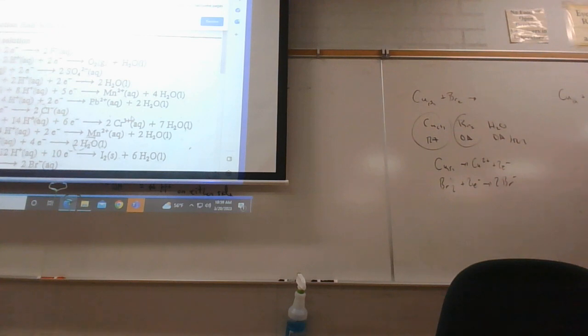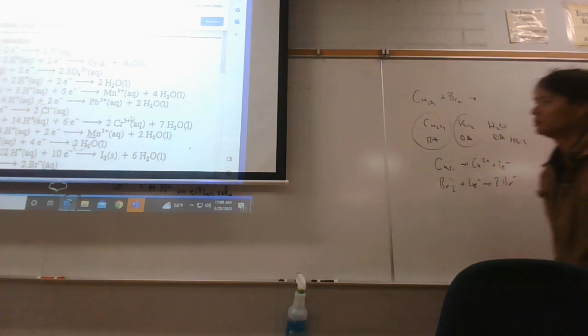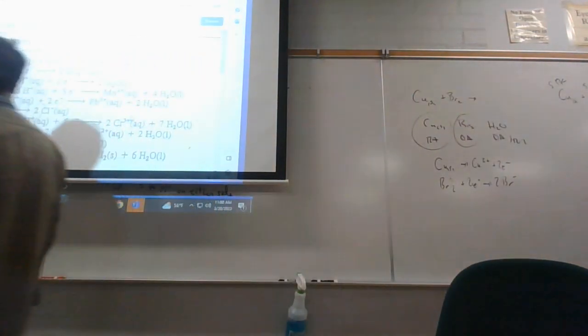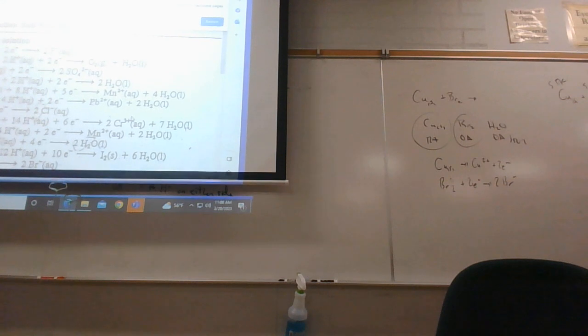Now we're going to analyze the products. Okay, here this is our RA. So we're going from stronger RA to weaker RA and stronger OA to weaker OA. Since bromine is stronger than copper.